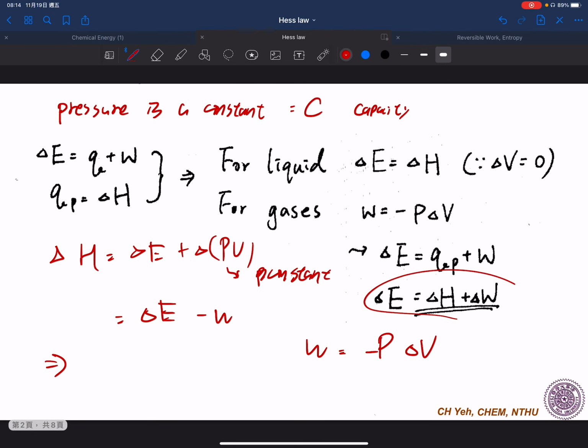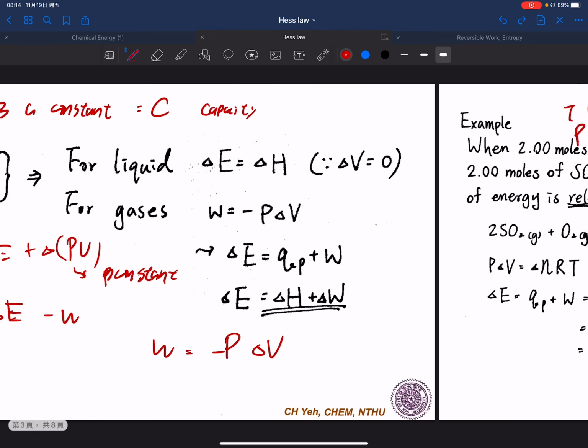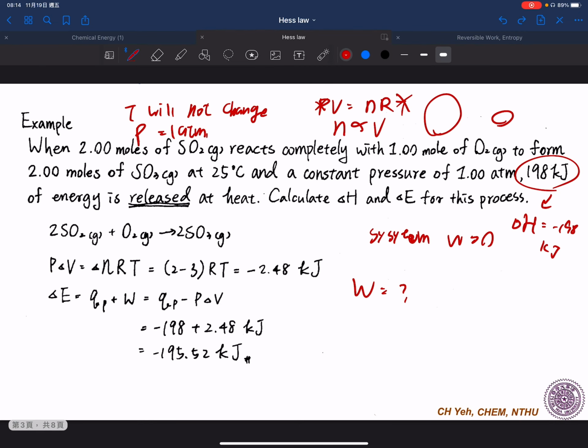Again, we know that the internal energy change should be the enthalpy plus the work, W. Now the pressure will not change and the temperature will not change, so P delta V will equal delta n times R times T. You can calculate the work energy from here, and note that the value should be positive.